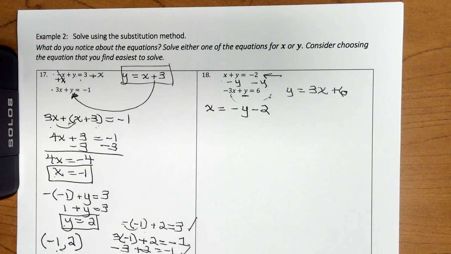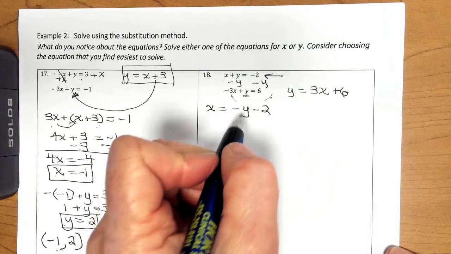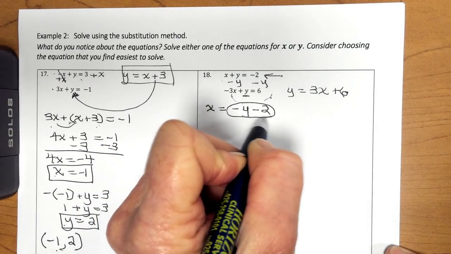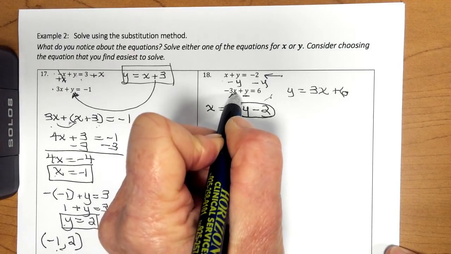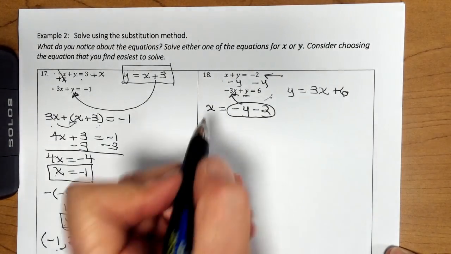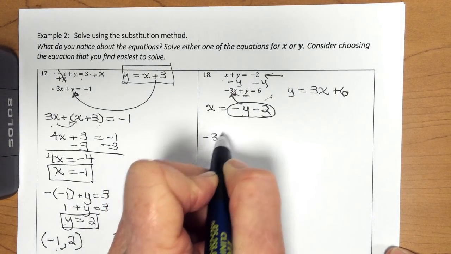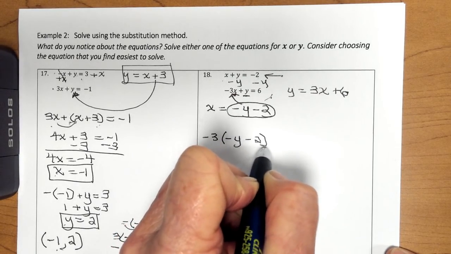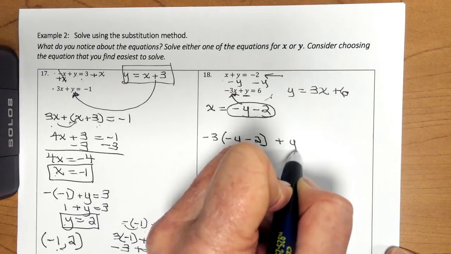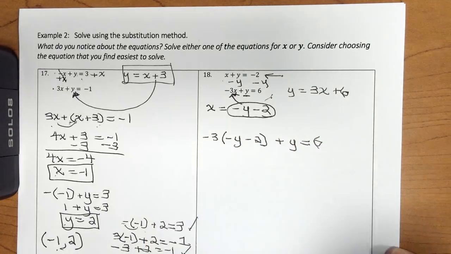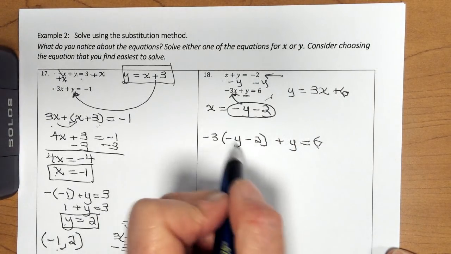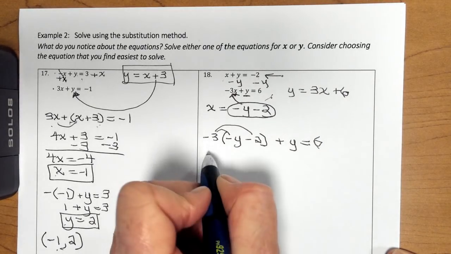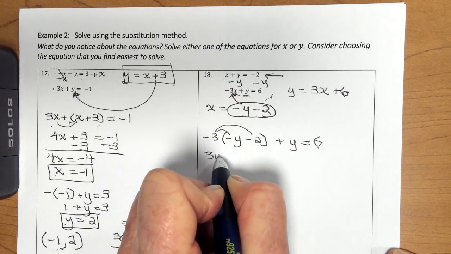All right, so let's go ahead. Where am I going to substitute that? I'm going to substitute this in right here for this x. So I'm going to write negative 3 times negative y minus 2, plus y is equal to 6. I'm going to distribute across. So I'm going to get positive 3y.